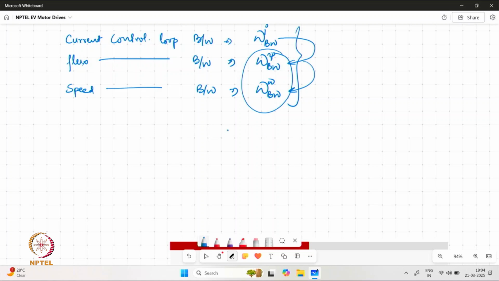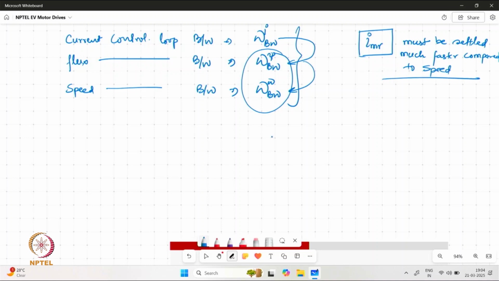So because we are considering that our torque has to be stable, and for that the flux has to be stable, as stated, IMR must be settled much faster compared to the rotational speed.